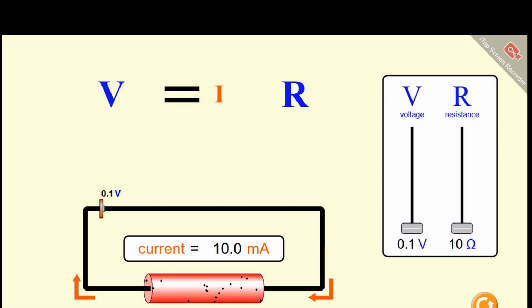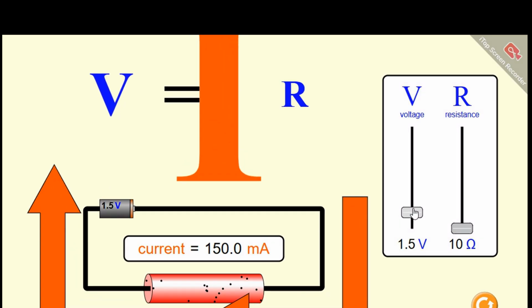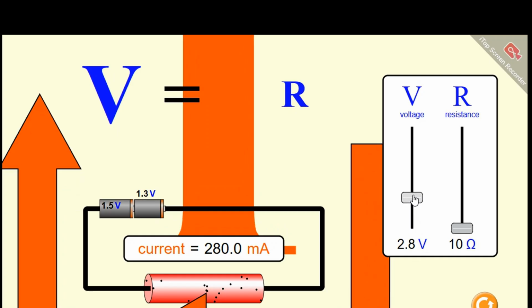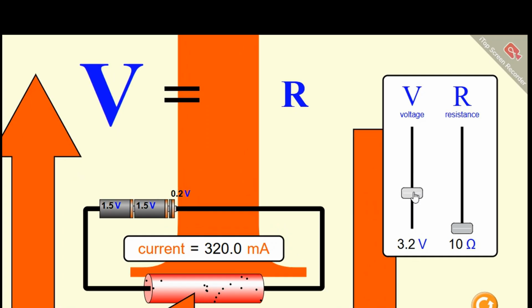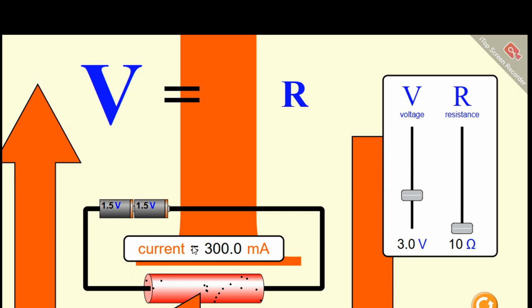Here, to verify Ohm's law, we have a resistance and a battery of about 1.5 volts, and the resistance value is only about 10 ohms. Therefore, a large current will flow through this conductor, and if we increase the voltage to about 3 volts, then the current value will also increase.